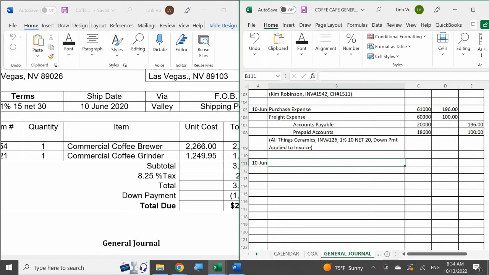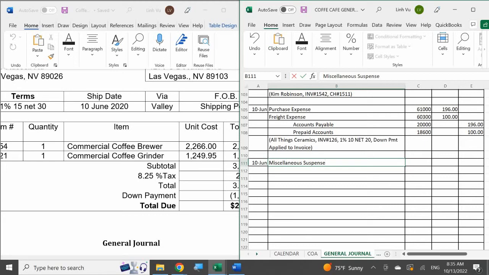I told you to put the coffee brewer and the coffee grinder to the miscellaneous suspense account because we still have to do some work on it. Now, what is a miscellaneous suspense account? It's just a random placeholder account, right? It isn't necessarily anything that you have to have or require to have in your business, but in this case, because I still have to do work on the coffee brewer and coffee grinder, I don't know where to put them because I can't put them in their respective accounts just yet because they're not ready for service.